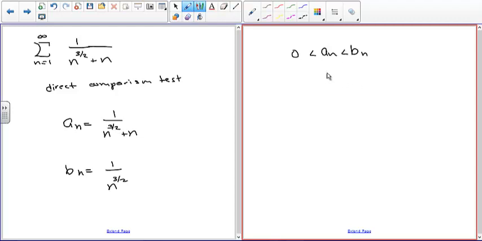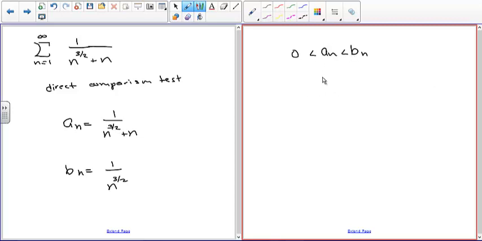Really, it's as n goes to infinity, because you could have the first few terms different than the rest. It's not the first few terms that make something go to infinity, it's the infinite number of terms.